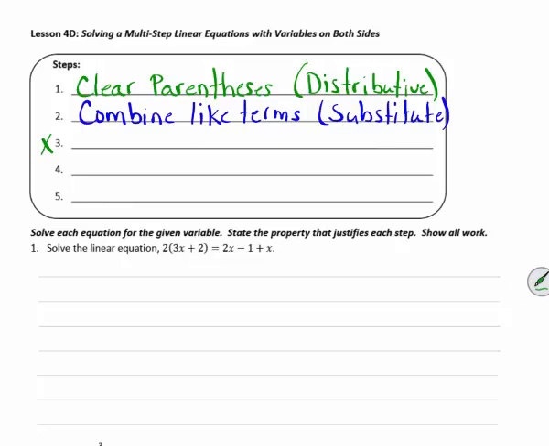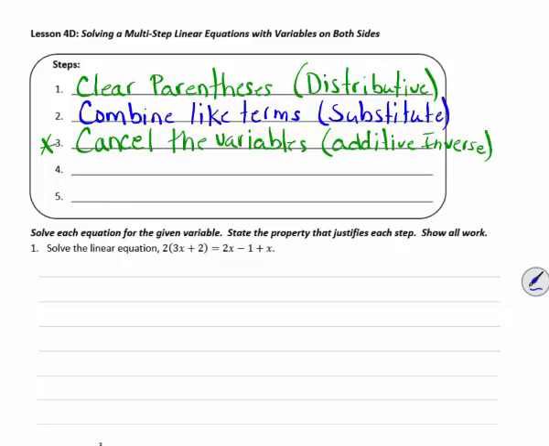This is the new step. Okay? This is where I have to cancel the variables to one side. That's going to be an additive inverse. So we're actually going to do additive inverse twice if it's in there.